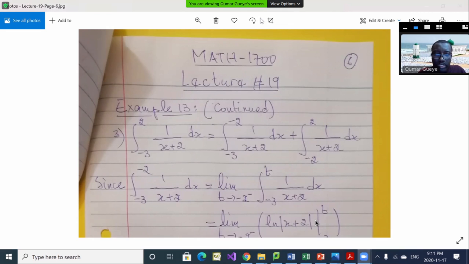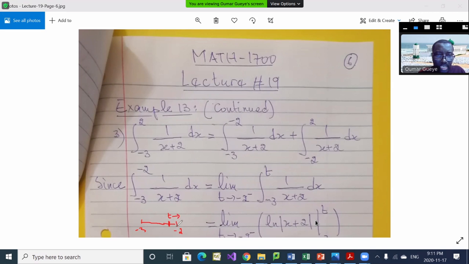Because for this integral, my interval is going from -3 to -2, and t has been chosen inside the interval here, and we let t approaching to -2.